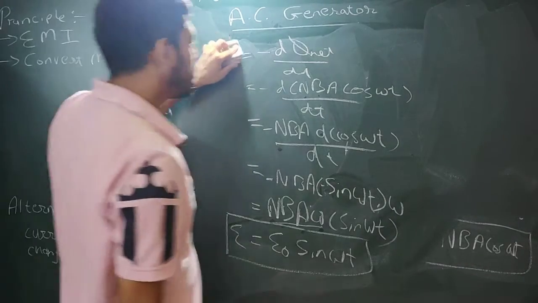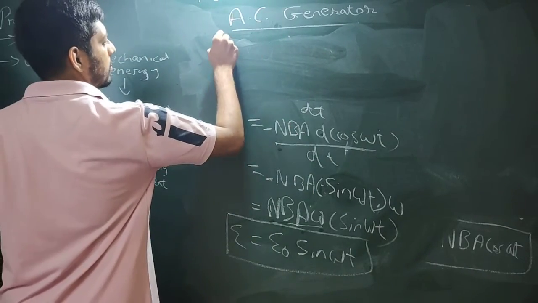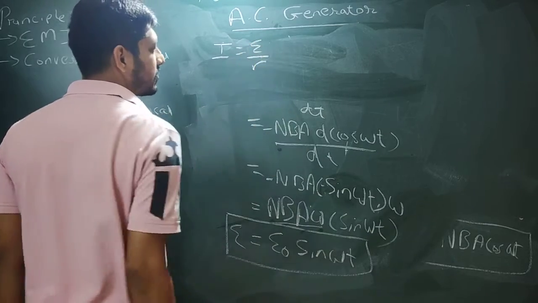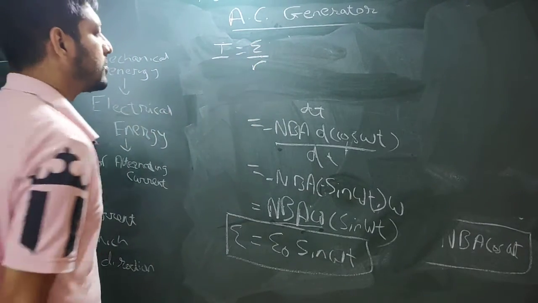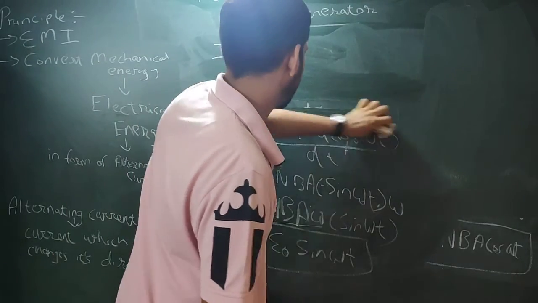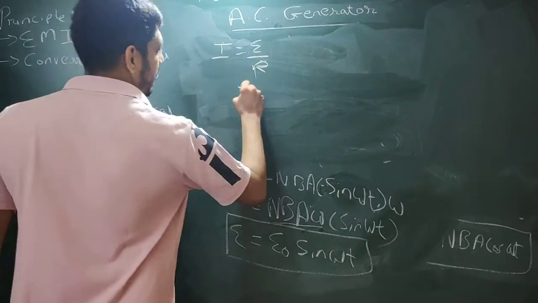Then very fast we'll do induced current also. What is current? I is equal to V by R, or I can say E by R, that is EMF upon resistance, or voltage upon resistance. What is the value of E?